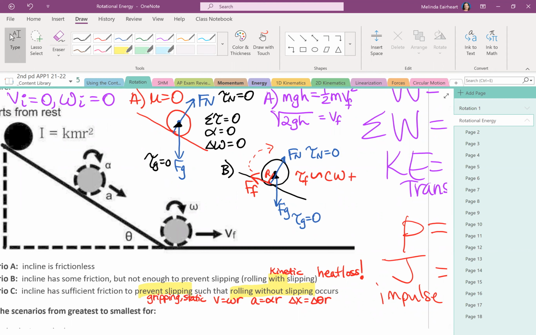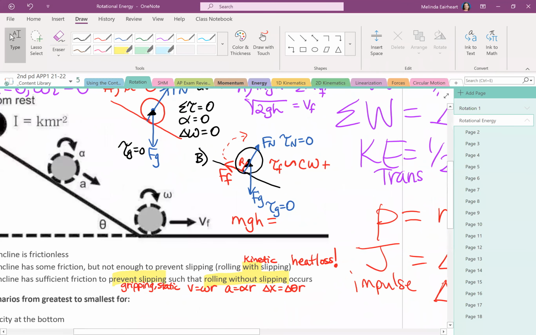No other forces. Now, what would our energy statement read? Well, we would have mgh, actually identical to before. If these are all the same objects, same mass, just on 3 different surfaces, but they're all the same height, they all have identical starting energy. Now, though, watch this. We're going to have some heat loss.